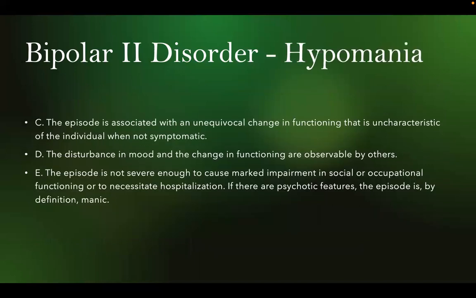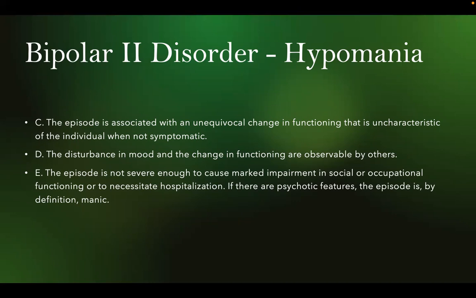So hypomania, looking over a few of the diagnostic criteria here. Criteria C is the episode is associated with an unequivocal change in functioning that is uncharacteristic of the individual when not symptomatic. So again, if you are comparing criteria C, D, and E with that of a manic episode, you can see how they are different.